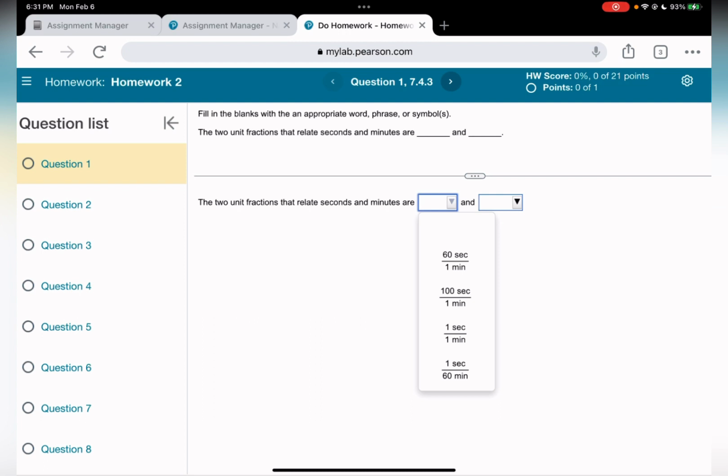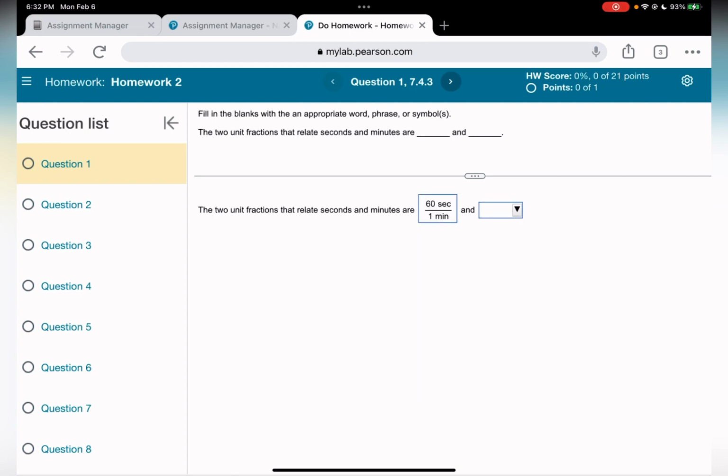That's why 60 seconds over 1 minute. And the other is 1 minute over 60 seconds. First we choose 60 seconds because 1 minute is 60 seconds, and then the combination of 1 minute over 60 seconds.